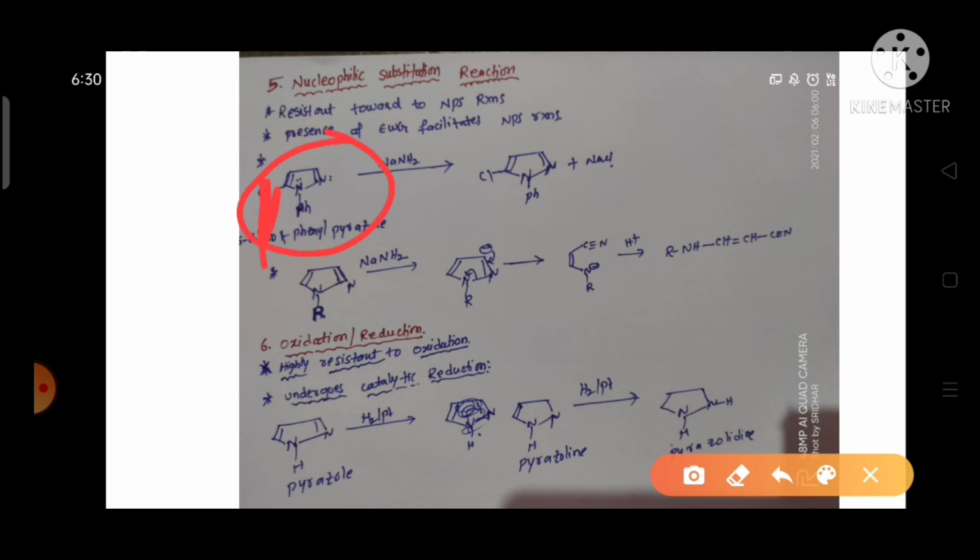So this is 1-phenylpyrazole. Sorry, here 5-chloro-1-phenylpyrazole is taken, and whenever we treat this with sodamide, this chlorine is substituted with amine. In the place of chlorine, we have the NH2. So the presence of the phenyl group facilitates the substitution of the chlorine with another nucleophile.